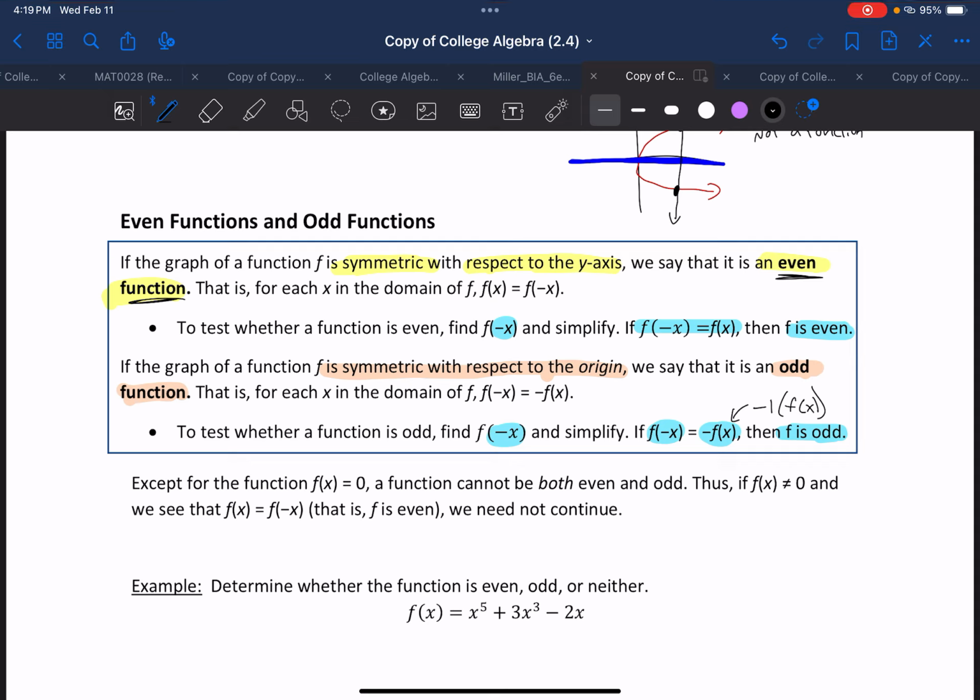Okay, so this note here says that except for the function f of x equals 0, a function cannot be both even and odd. So if you do the first test and it's even, then you don't need to continue to test for odd.